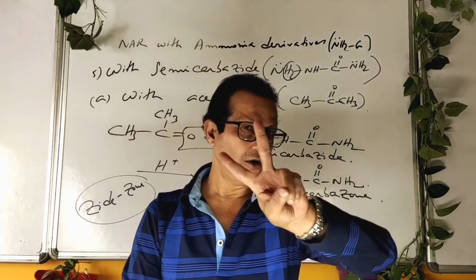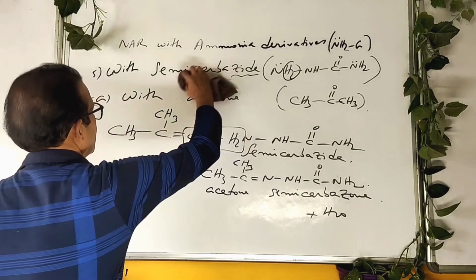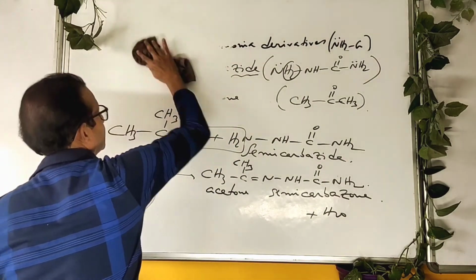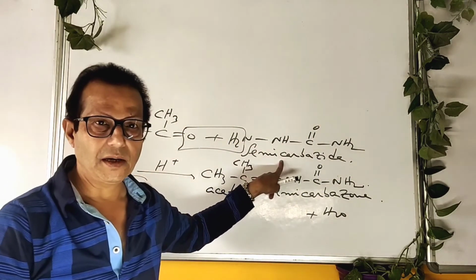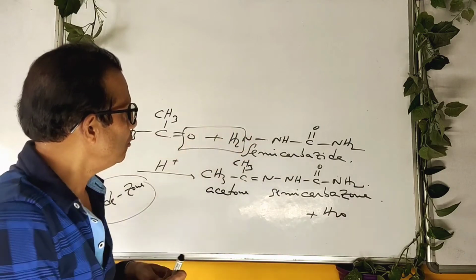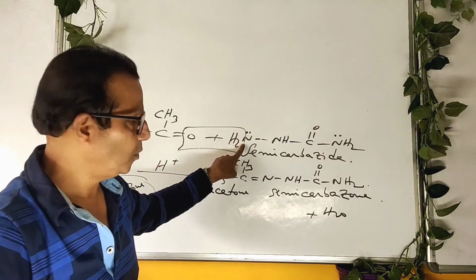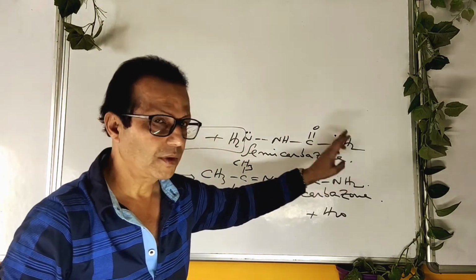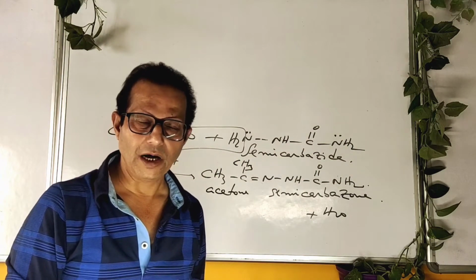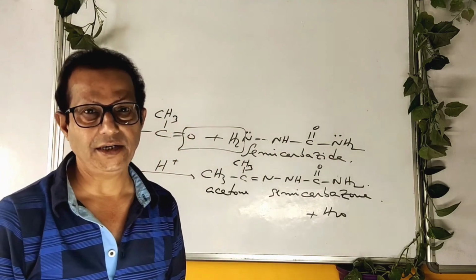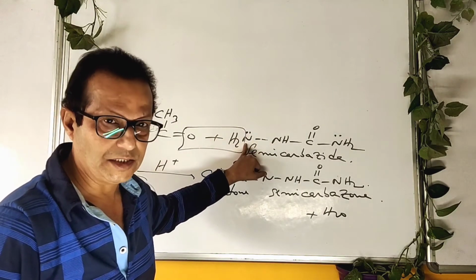Now, only two questions. This is semicarbazide. It has two NH2 groups, one at the end. But in the reaction of carbonyl compounds with semicarbazide, only one NH2 group participates.